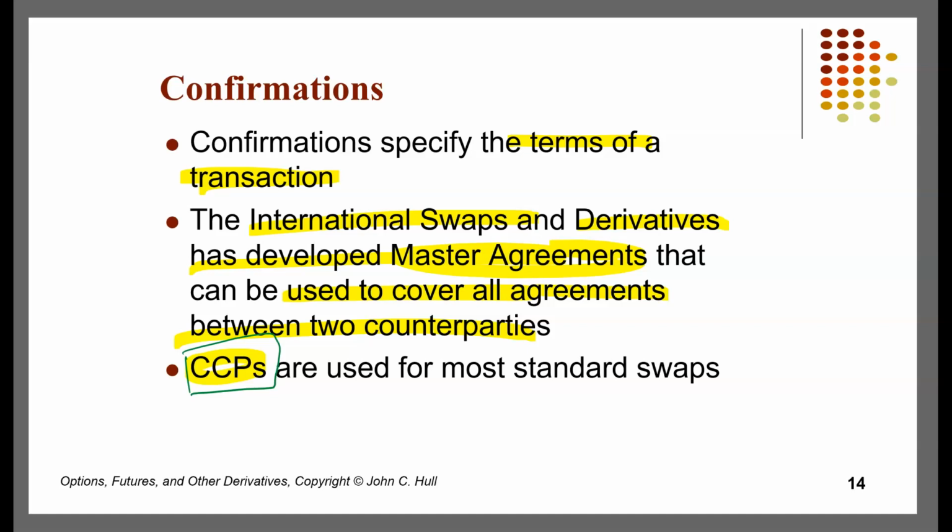And so what we have here is that CCPs are going to require things like margin, right? Initial margin and maintenance margin for both sides of the transaction, just in order to mitigate credit risk or counterparty risk.